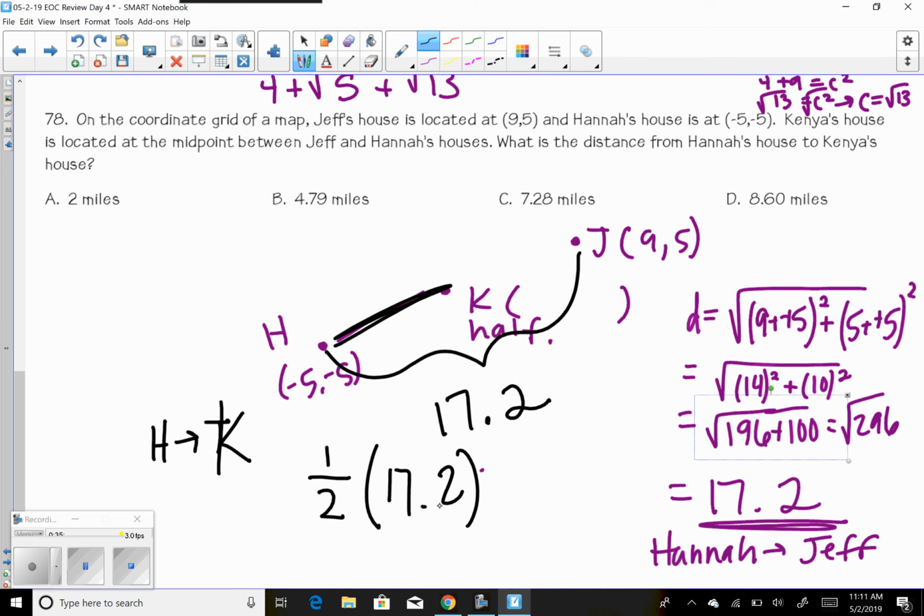And it's 1/2 of that because Kenya is at the midpoint, right? The midpoint is the middle or the halfway. So 17.2 divided by 2 gives me 8.6 miles. You can find the midpoint and find the distance from the midpoint to the end if you want, or just find the total distance and divide it by 2 since it's midpoint.